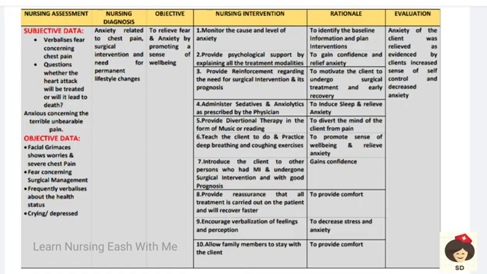What could not be possible, we should not tell. Encourage verbalization of feelings and perception. We have to encourage the person to come out with his feelings, so that we will know what the stress is, what his anxiety is. From that we can give psychological support, and also allow family members to stay with the client, because when the patient is alone before surgery he may get anxious. So you can allow any family member to stay with the person preoperatively.